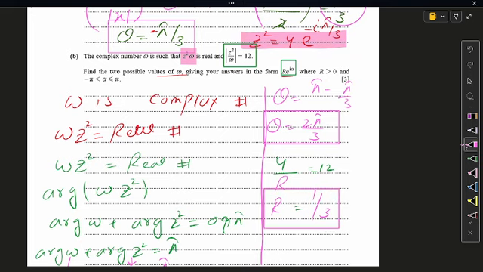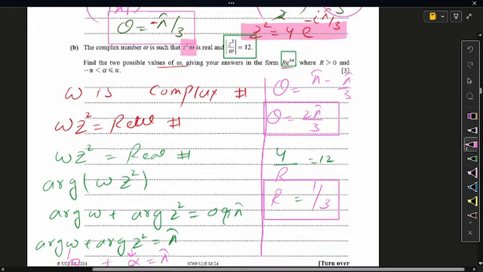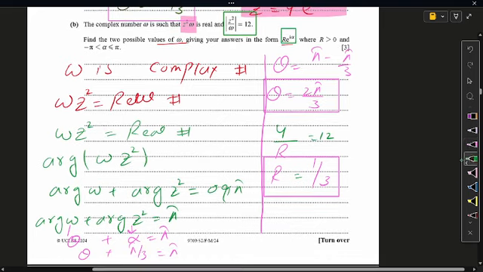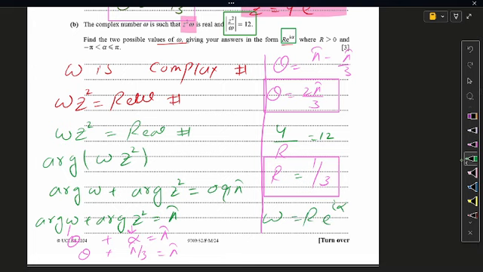Right? So R is 1 by 3, and your omega will retain r e raised to the power iota alpha. Omega equals 1 by 3 e raised to the power iota, and the value of alpha is actually 2 pi by 3, yes, 2 pi by 3 with a negative sign.